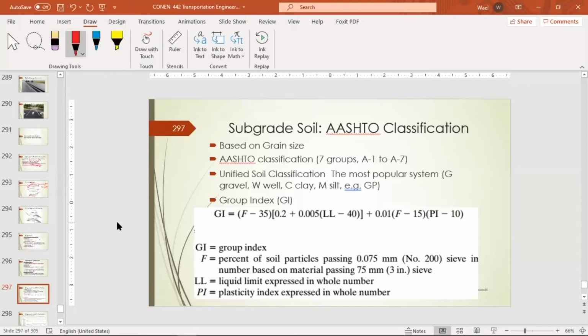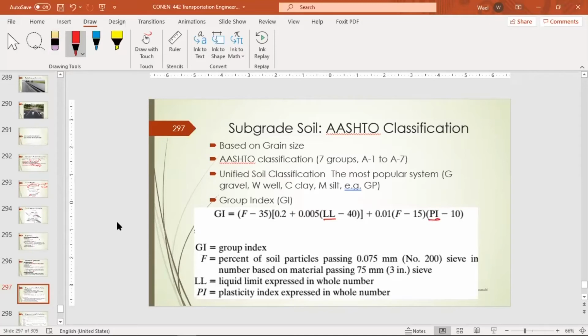The group index GI is calculated through here: F minus 35 multiplied by 0.2, plus 0.005 times the liquid limit minus 40, plus 0.01 times the fine particle percentage minus 15 multiplied by PI minus 10.